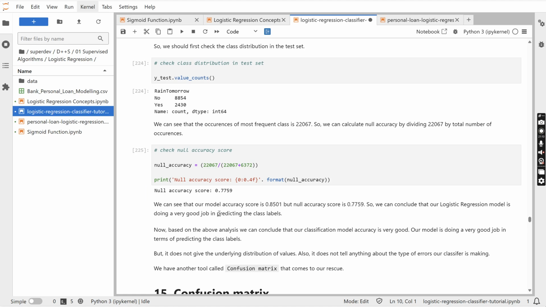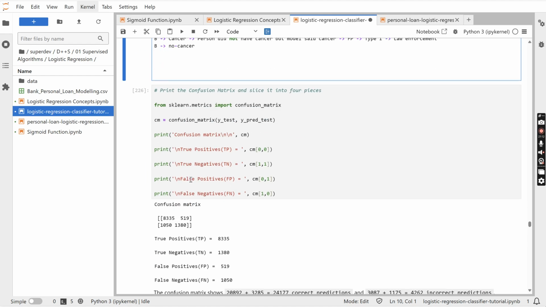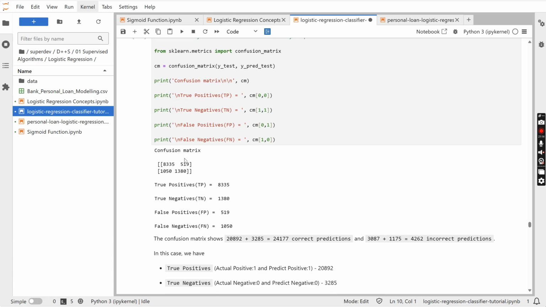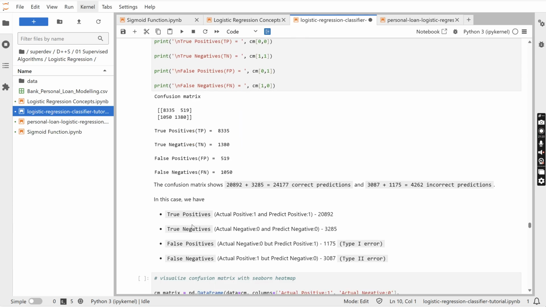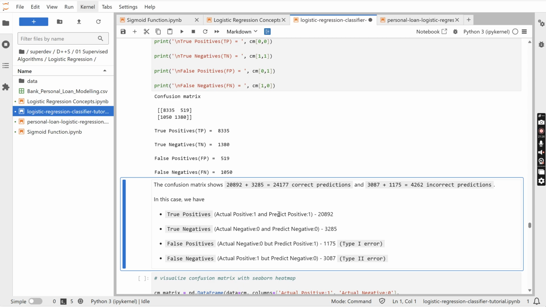You should know what is on the upper side and what is on the left side. Understand what is meant by actual and what is meant by predicted. Actual means what existed before in reality. Predicted means what the model is saying.